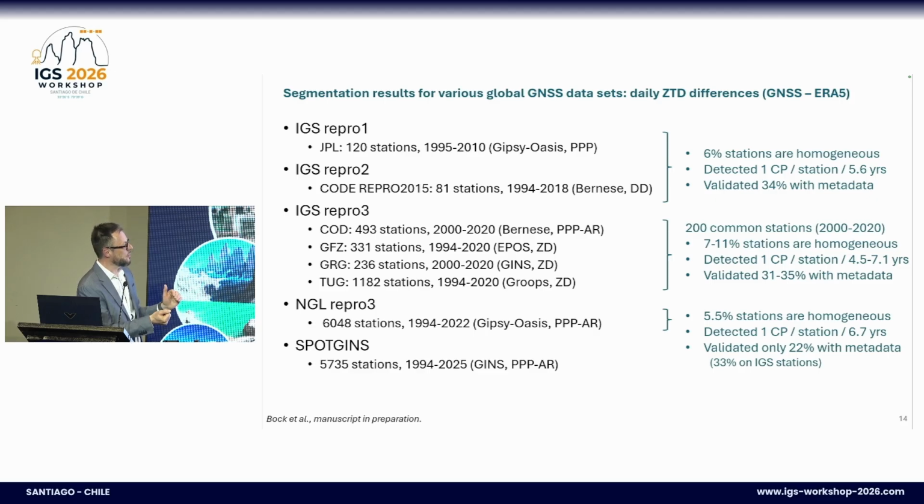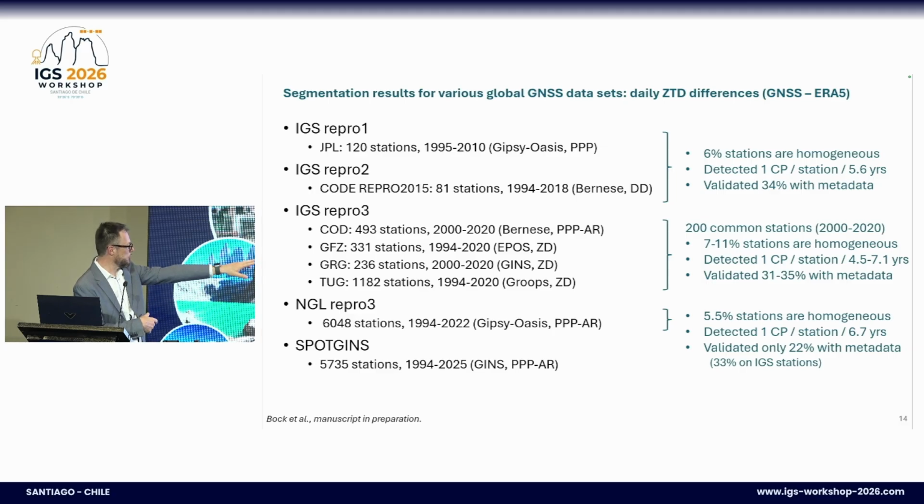On the other stations, we detect on average one change point every 5 to 7 years. This is for tropospheric delay. It's consistent also with detections in station positions. And with the metadata, we are able to validate up to 35% of the change points.